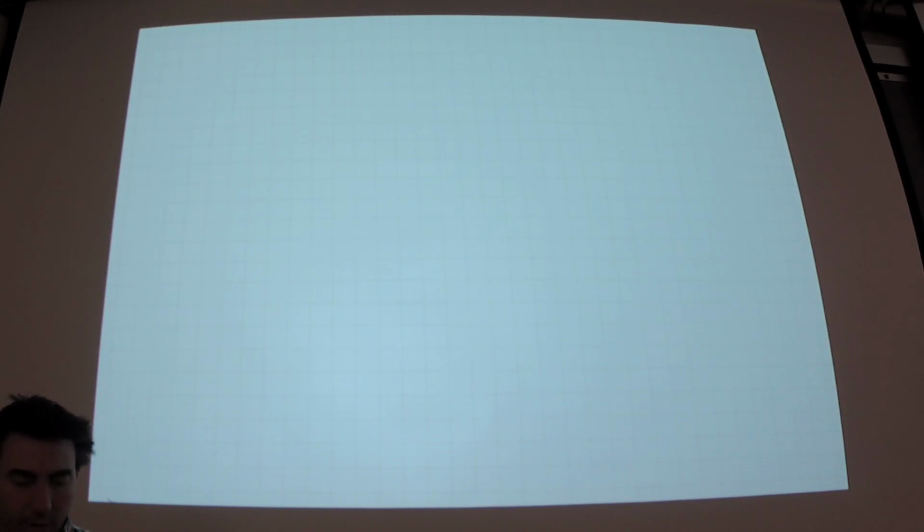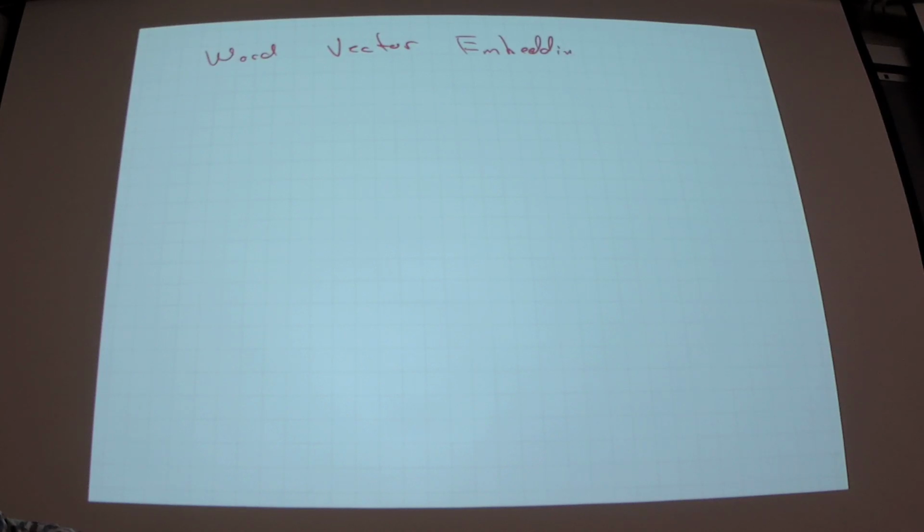Okay, so I want to start by revisiting these word vector embeddings. I mentioned this briefly in one of the previous lectures, but this takes a large corpus of text.